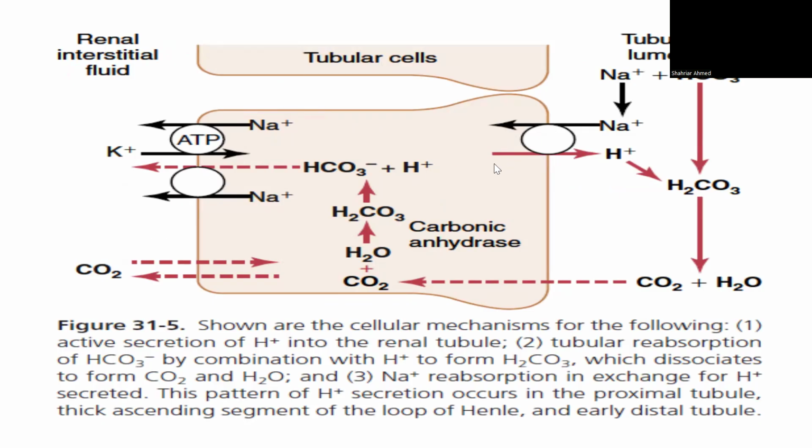If you ask where this hydrogen ion comes from, it comes from the action of carbon dioxide with water that produces carbonic acid and forms hydrogen ion and bicarbonate ion by the enzyme carbonic anhydrase. And where does this carbon dioxide come from? It comes from the extracellular fluid or from the cell itself by metabolism.